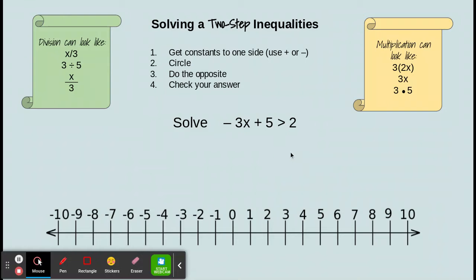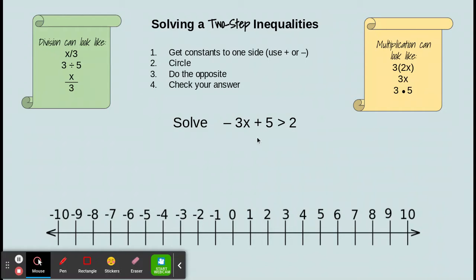So the first thing we want to do is we know we have to do two different operations. And that's why it's called a two-step solution, right? So the first step is to get the constants over to the other side of the inequality sign, right? Because remember, our goal is to get the variable all by itself.